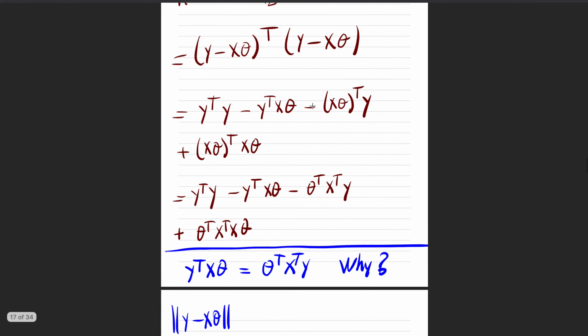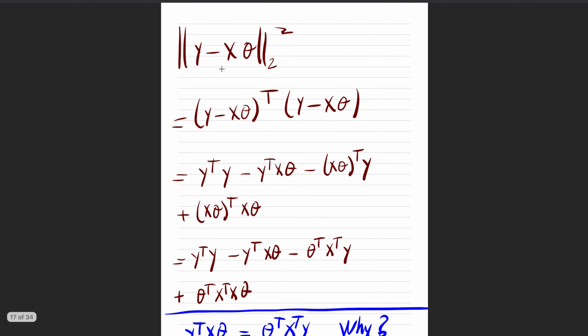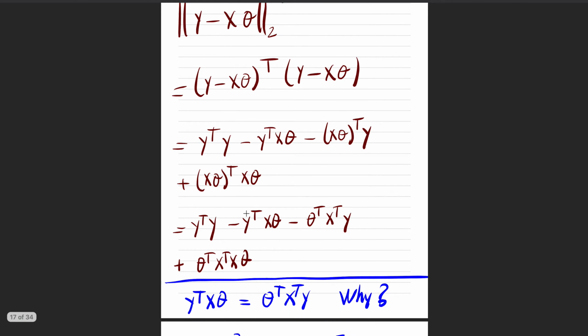Okay, so y minus x theta L2 norm is just (y minus x theta) transpose (y minus x theta). Well, you have y transpose y, y transpose negative x theta, x theta transpose y, and x theta transpose x theta. And then this becomes y transpose y minus y transpose x theta minus theta transpose x transpose y, and so on.